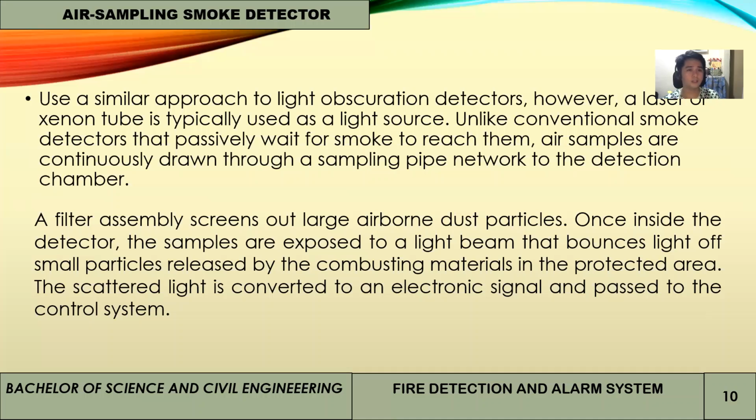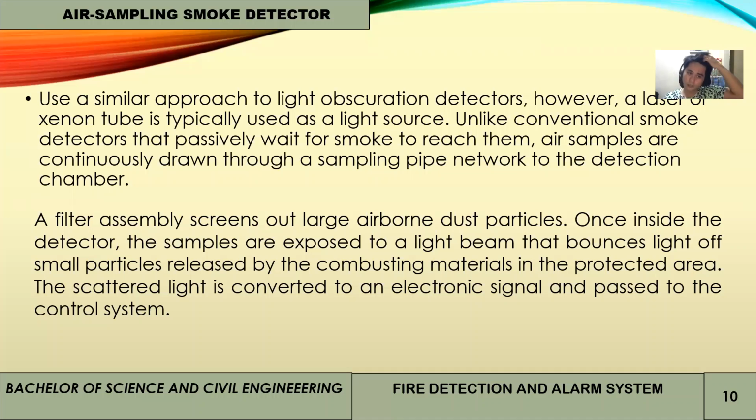So ang air sampling smoke detector daw kay similar daw siya sa light obscuration nga giingon ganiha. Ang xenon tube daw kay typically used as a light source.